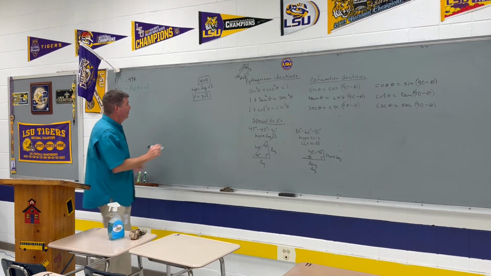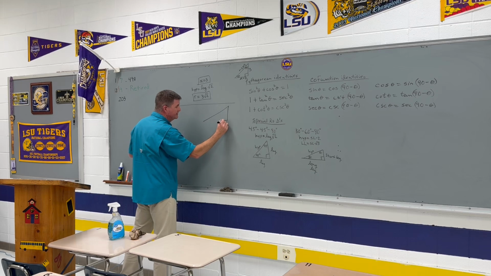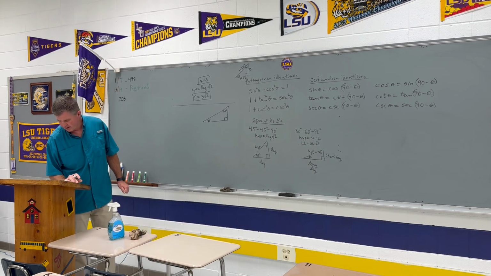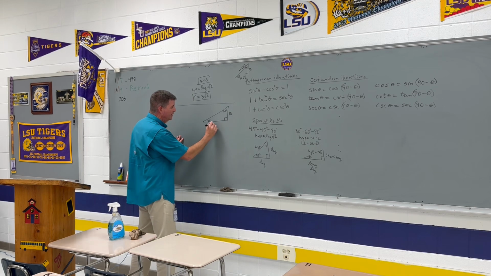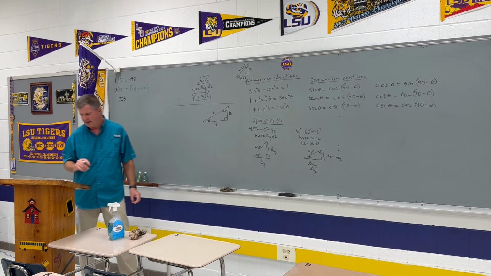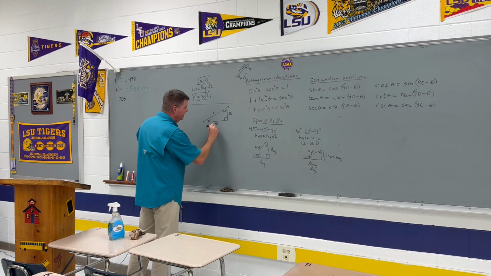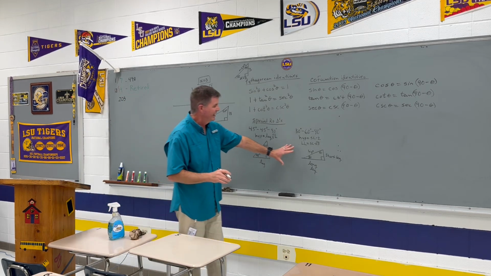In the next example, we have a 30, 60, 90 right triangle. This time we are given a side of 18. We are finding X and R. We have to look at it and determine which side we are given.